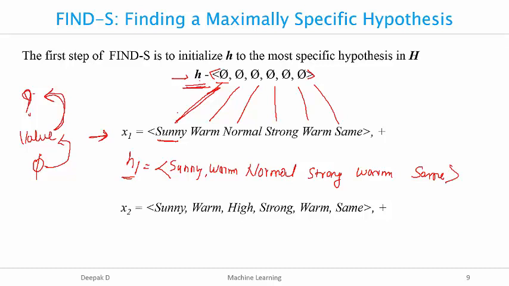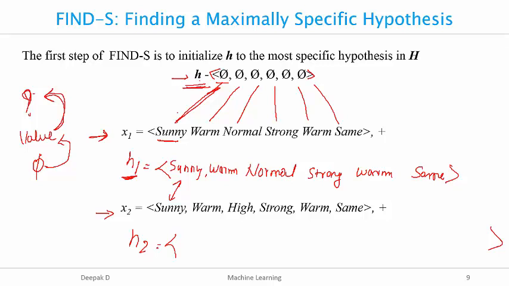So when I consider the next instance, I need to compare with the previous hypothesis, that is H1. If it is satisfying, then in the next updated hypothesis you need not replace. Only if the values are not satisfying, then you need to update with the next most general constraint.